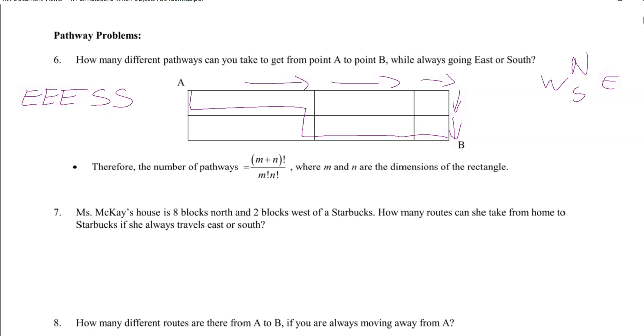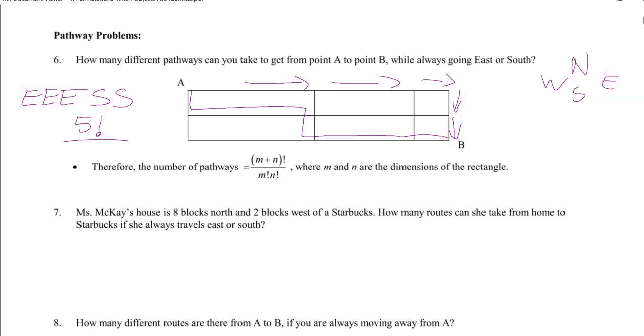How many of those blocks are going south? 2. So in essence, we're going to make up a word that consists of 3 E's and 2 S's. And that word is going to tell us where to go, right? So E-E-E-S-S says go east, go east, go east, then south, then south. S-S-E-E-E would say go south, then south, then east, then east, then east. So we have to cover 5 blocks in total. 3 of them are east.